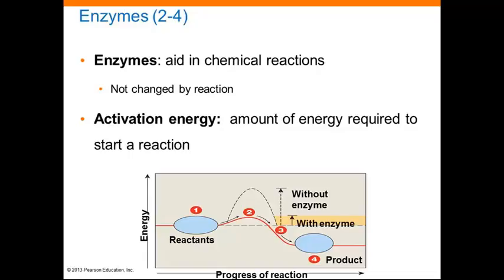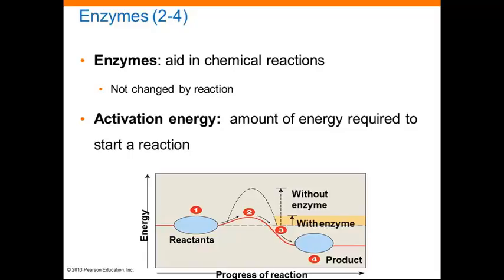Enzymes aid in chemical reactions because they lower the activation energy that's required to start a reaction. And they typically can do this by bringing reactants closer together or by putting a stress on a chemical bond that we want to break. And so by doing that, they lower the energy required to make that chemical reaction occur.